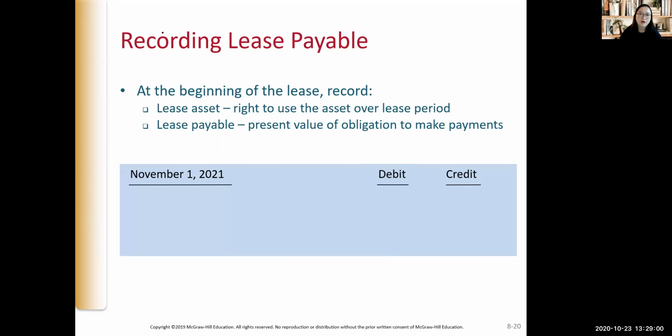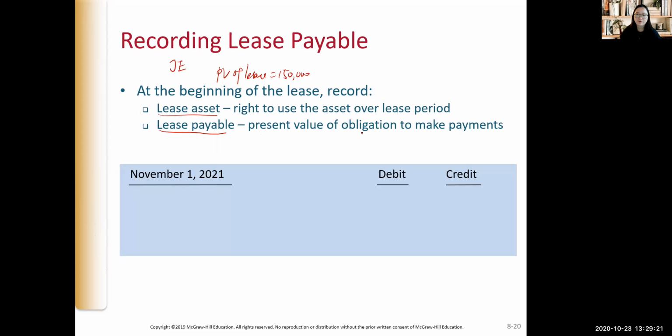Okay, so now how do we do the journal entry? Once we find out that the present value of the lease is about $150,000, then first, at the beginning of the lease period, we record the lease asset, which is the right to use the asset over the lease period, and we record a lease payable.